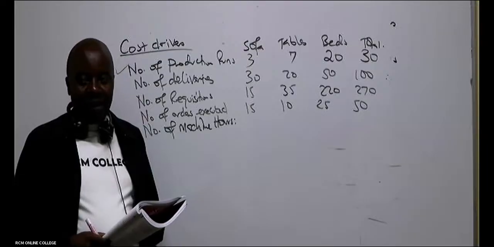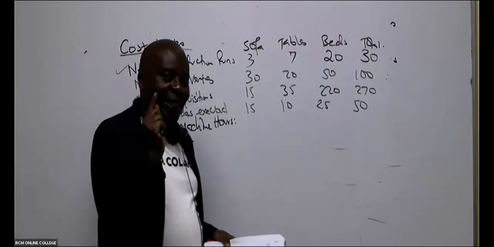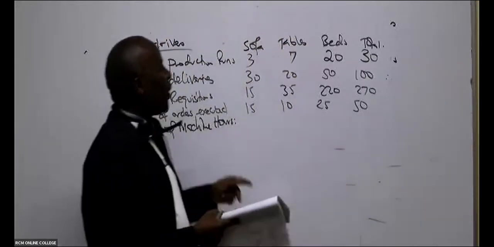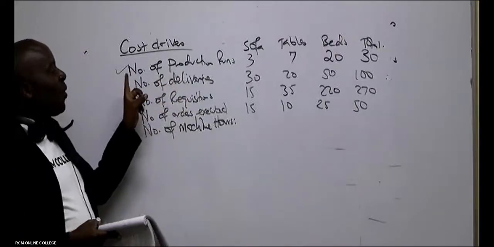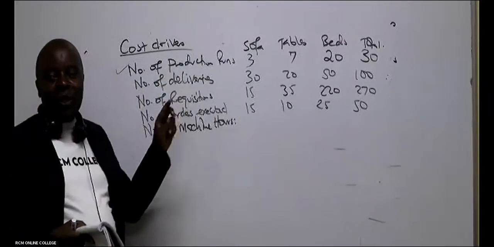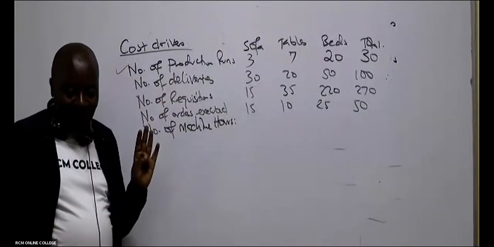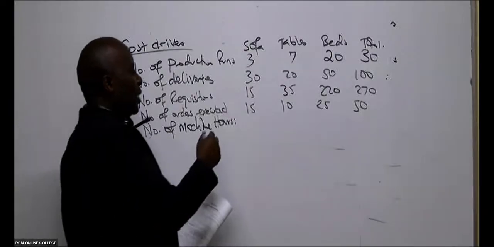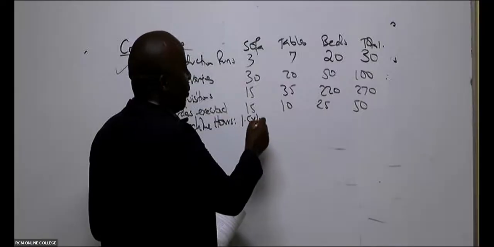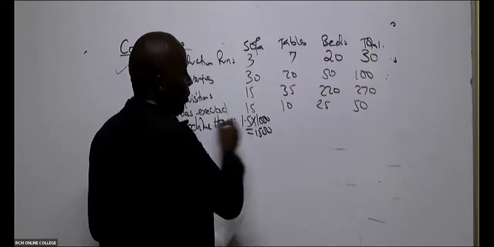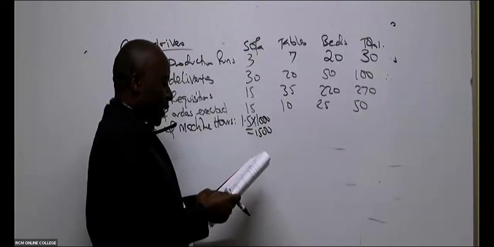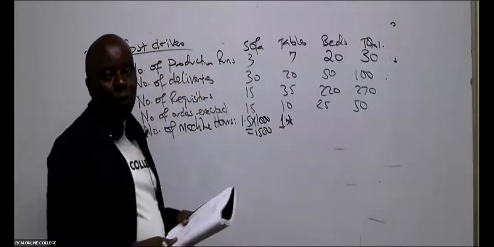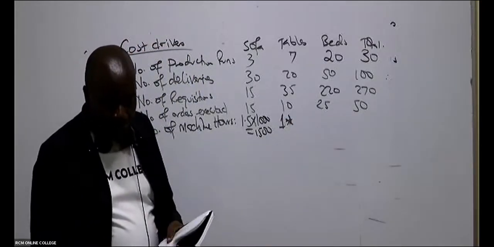So see, when they say machine hours per unit, you must always multiply with the number of units. Don't forget that. These ones I never multiplied because they never told us number of production runs per unit. Those ones are given as lump sums, so I will not multiply them at all. But the others, like these machine hours, I can see 1.5 per unit, so times 1,000, which is 1,500. For tables, machine hours per unit is 1, times how many tables are we going to produce? 2,000, isn't it?